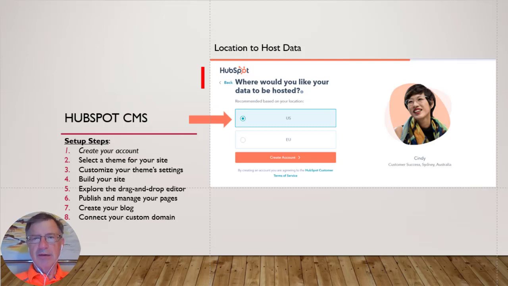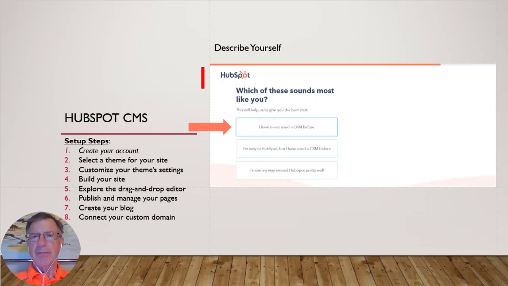We'll tell HubSpot where we would like the data that we collect from our website to be hosted. For me, it will be in the United States. And I shared with them, this is who I am. Just a brief, quick link.